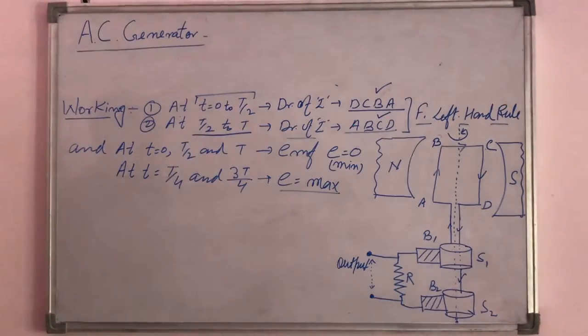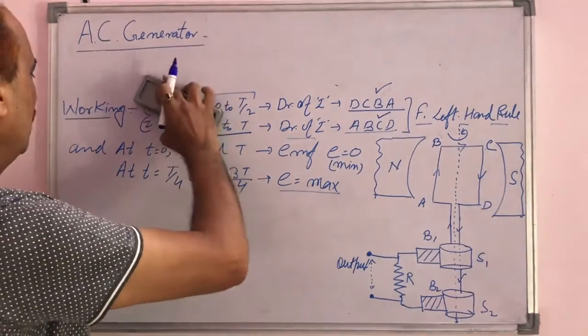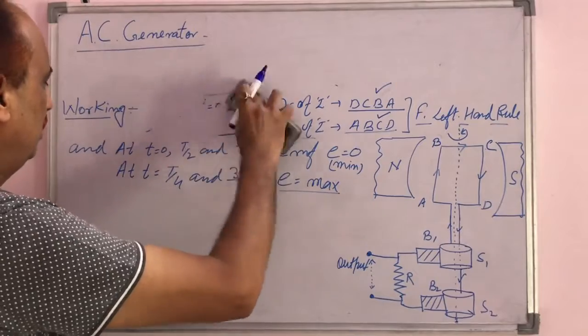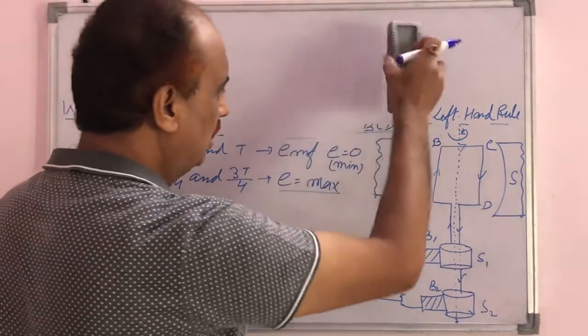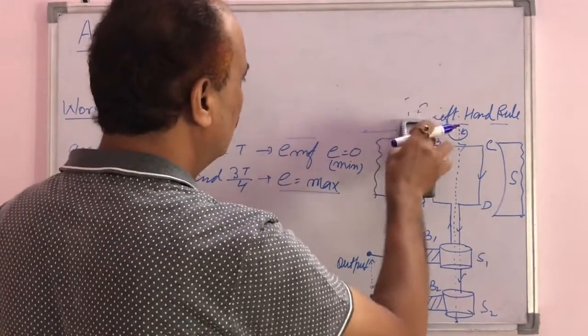Now the next thing is, what will be the EMF produced in the coil, and in which situation is the EMF minimum and in which situation is it maximum?